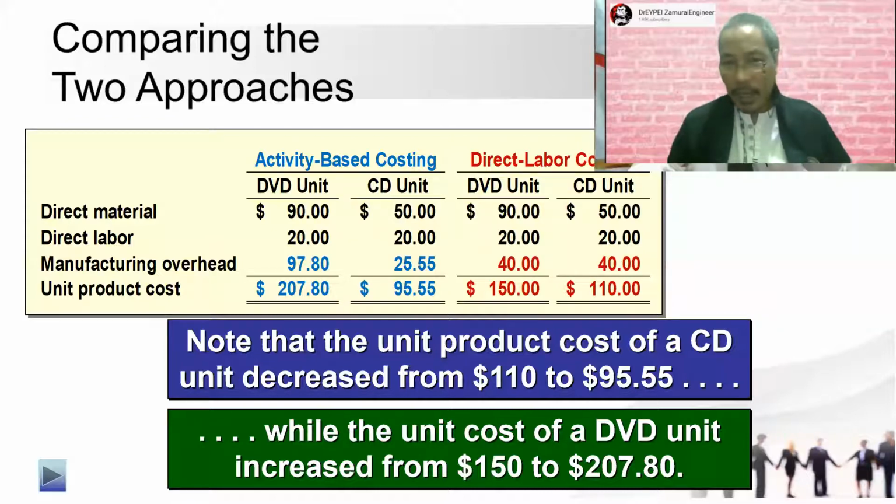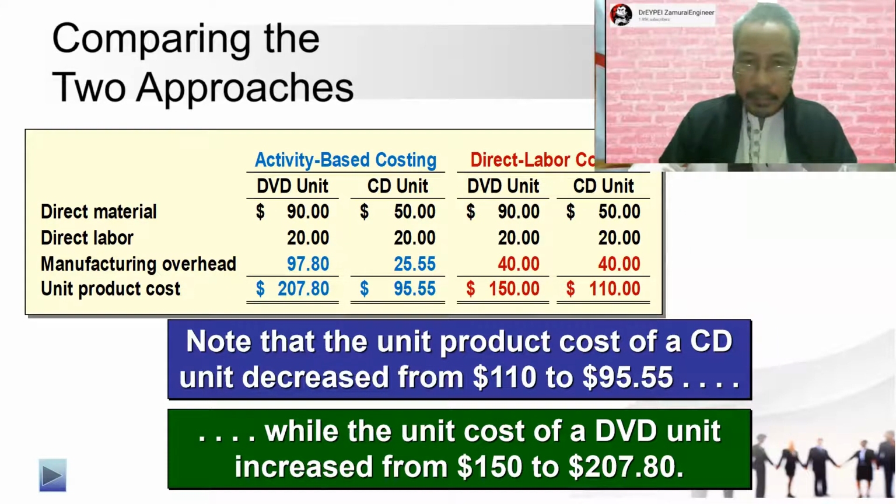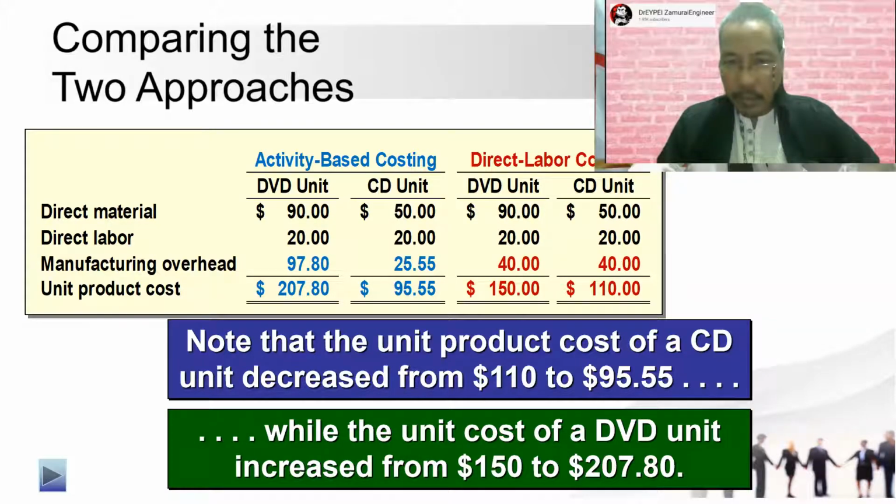While in the direct labor costing method, they have the same constant amount for overhead. That's why, as you can see, the overhead amount is the same, which is $40, and it has a different total if you compare with activity-based costing.